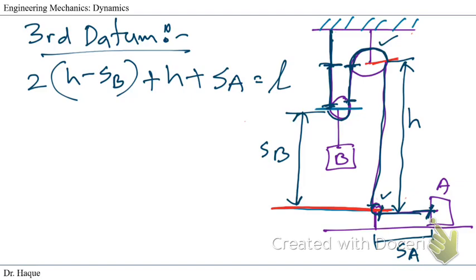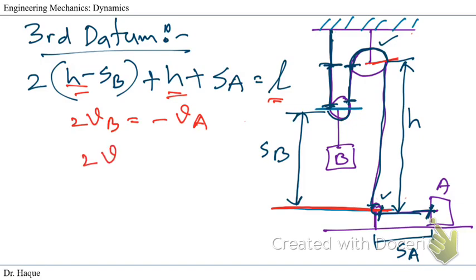If we take the derivative, since these are constant, we again get VB equals negative VA.